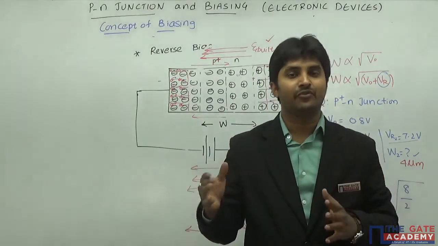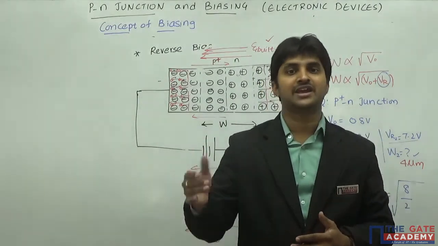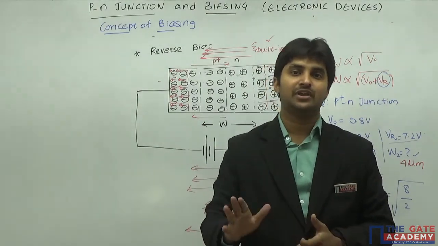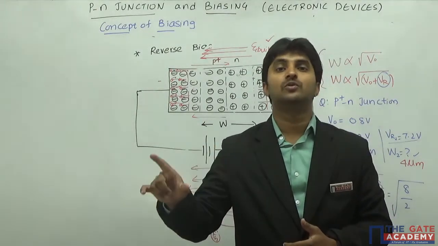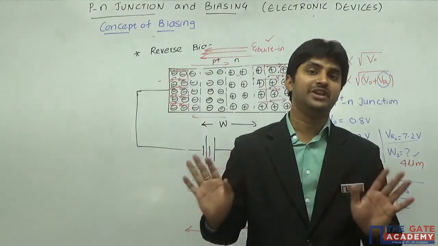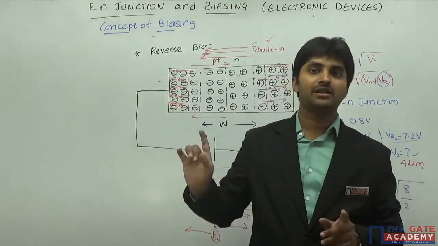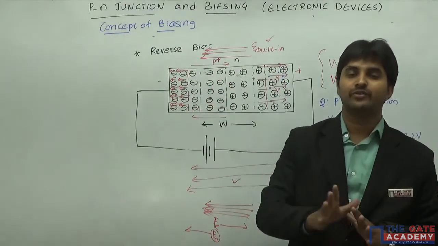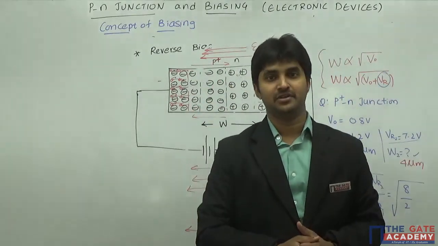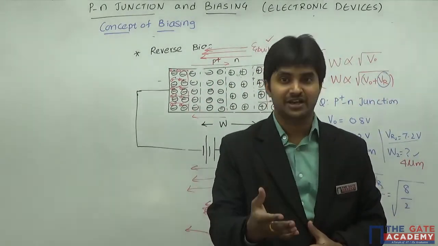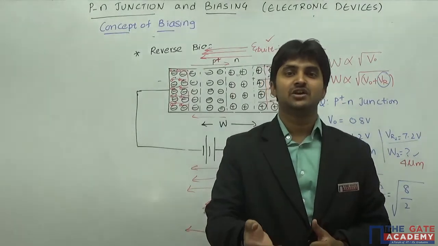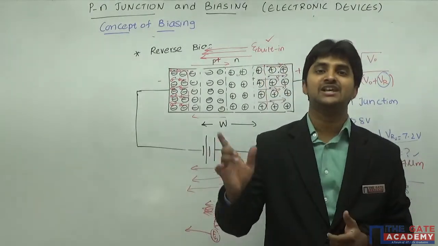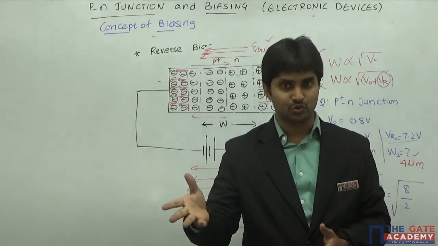But what we actually require in the case of switching off is that the amount of current should be equal to zero, because when you switch off, there should not be any current. But here there is some amount of current flowing because of the minority carriers. That is why we call it a leakage current. This is not a desirable current, this is an undesirable current, because whenever you apply a reverse bias, it has to lead to zero current.